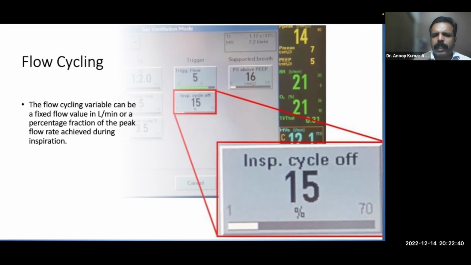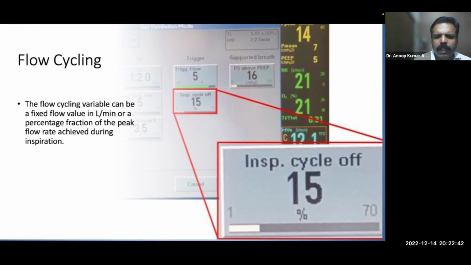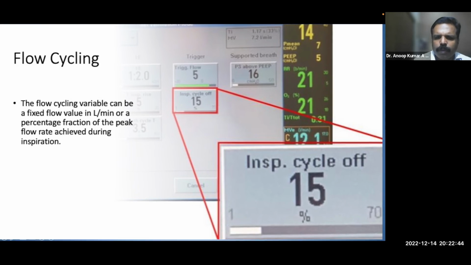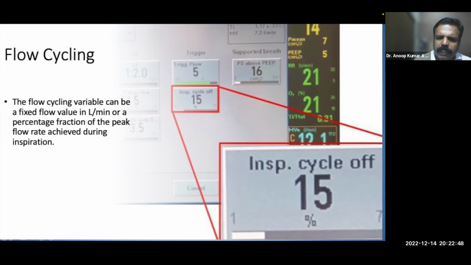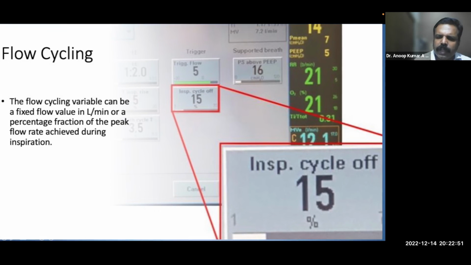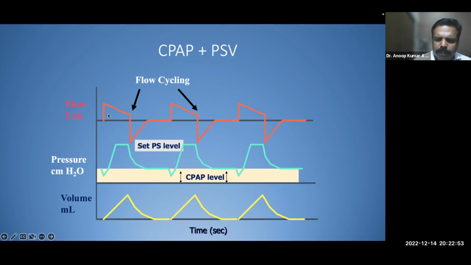But if it is spontaneously breathing, like in a CPAP mode, we don't have any control over IE ratio. So how can you control that? By setting the flow cycling, or it is called the expiratory trigger sensitivity. This is usually applied in an NIV mode, not the other invasive modes. In invasive modes, also in spontaneous breath, you can do this flow cycling, but it is routinely done in the NIV mode.